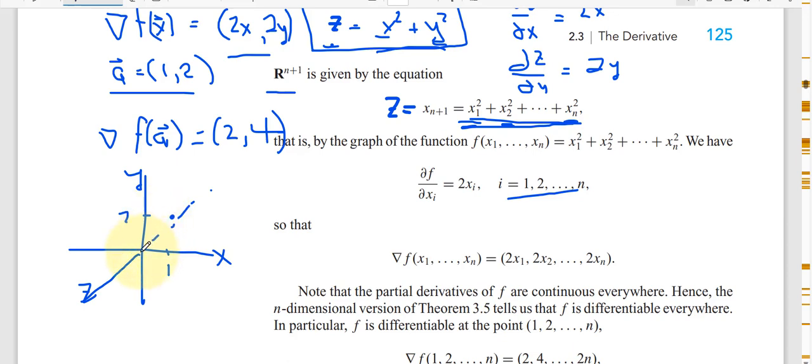We have some surface up here, like maybe an umbrella, and if we fix x and only change y, then that derivative is 4. And if we fix y and only change x, then that derivative is 2. So it's telling us what the derivative is in each direction, the x and y direction, at this point.